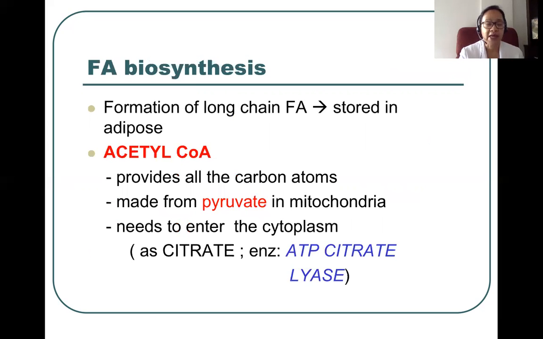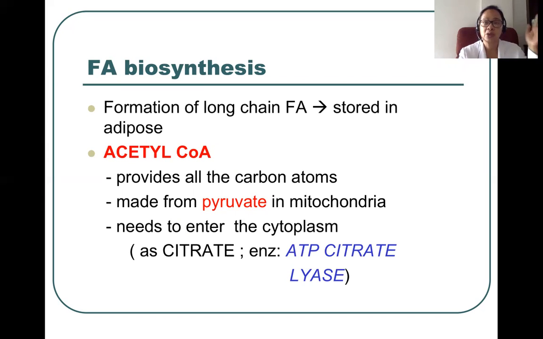This fatty acid biosynthesis requires acetyl coenzyme A. So where does acetyl coenzyme A come from? If you can't remember your carbohydrate metabolism, this is made from pyruvic acid, meaning it came from your glycolytic pathway, or glycolysis. But where is acetyl coenzyme A located in your carbohydrate metabolism?